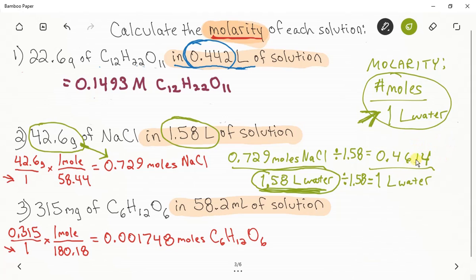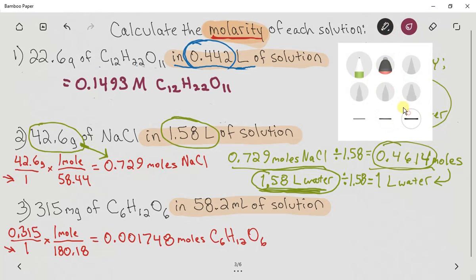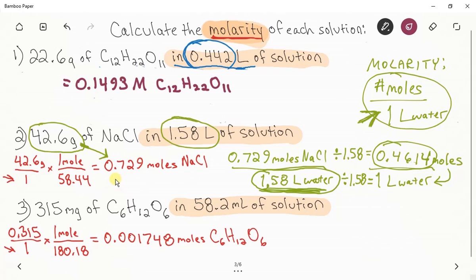So 0.4614, what is that? That is the number of moles you would use if you were using only 1 liter of water. So that means the molarity is 0.4614. So that would be written 0.4614 and then a capital M for molarity, and then after it you can write NaCl.